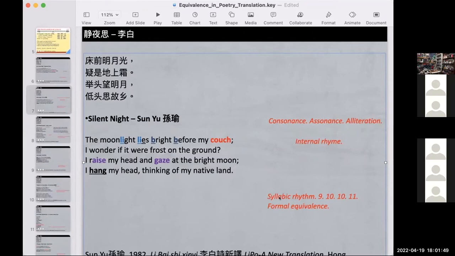Of course, in English there is syllabic rhythm, accentual rhythm, rhythm that follows the meter, like the feet, iambic or anapaestic, or falling accents to punctuate the rhythm of the line. And I would say he also used formal equivalence because he rendered a faithful translation, as faithful as he could do.